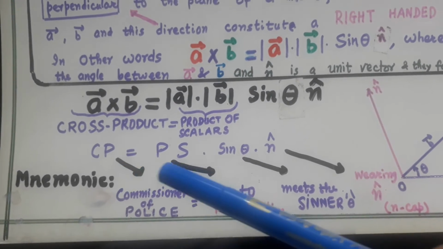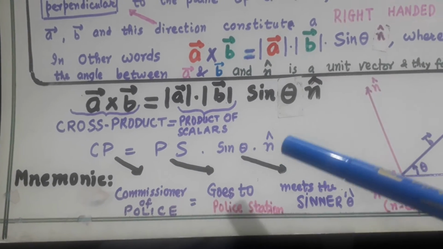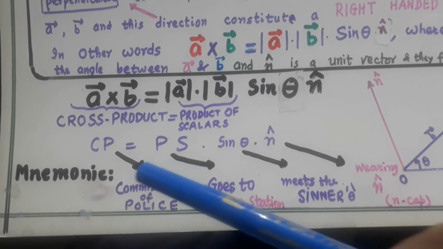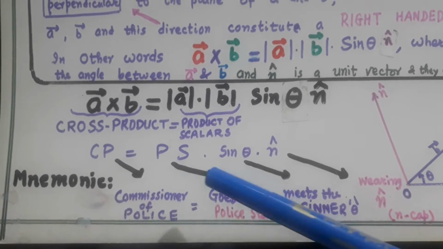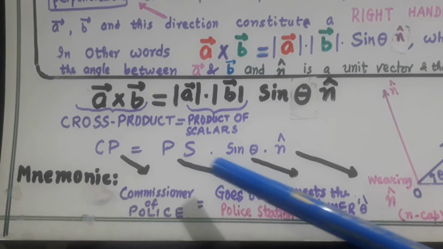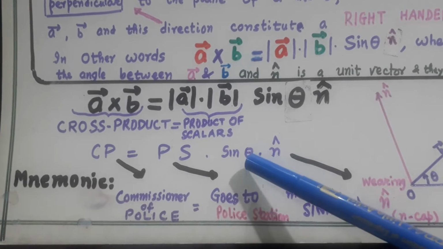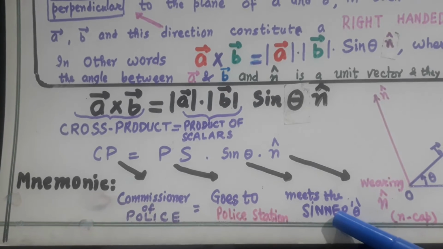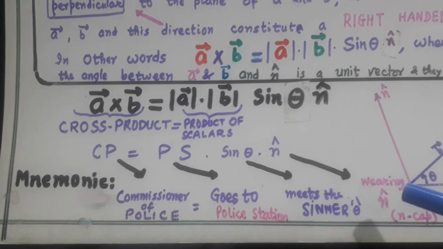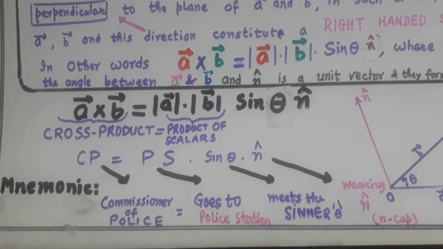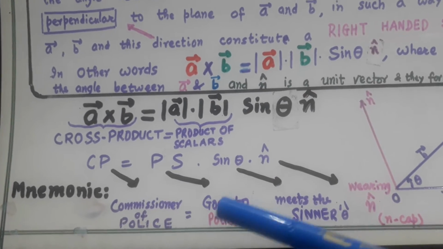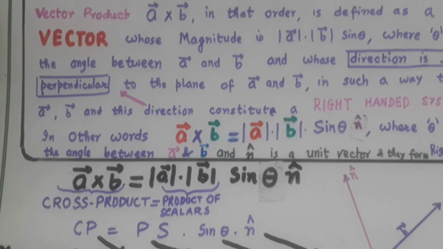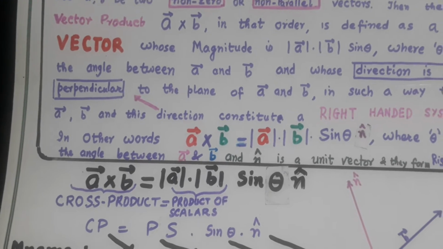Cross product CP is equal to PS sine theta n cap. It is a big case, that is why the commissioner is going. In dot product, the SP sahab goes to the police station.